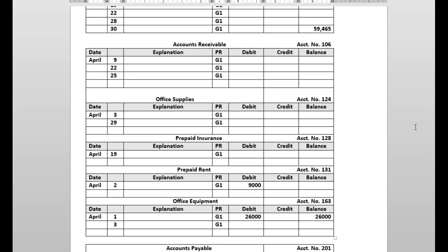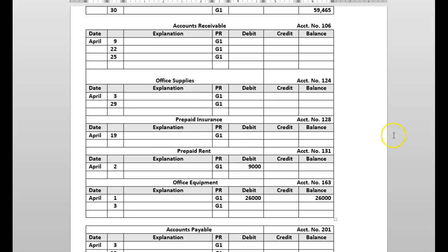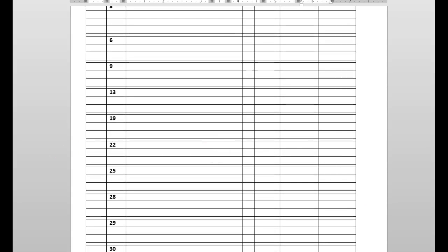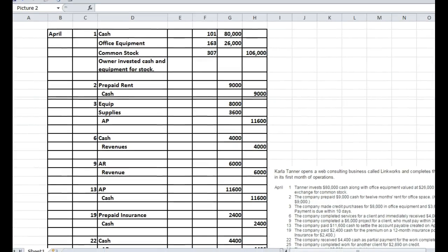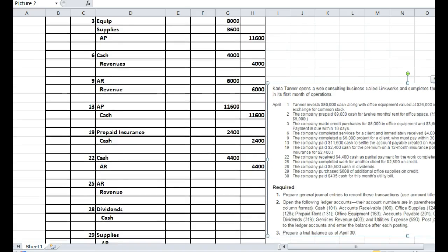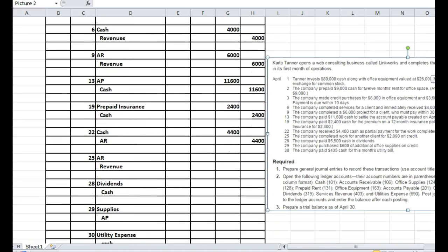And where's the prepaid rent? It was right here. And we need to increase that balance to $9,000. And you just proceed through all of the journal entries you've created, applying those to the general ledger accounts that are applicable.